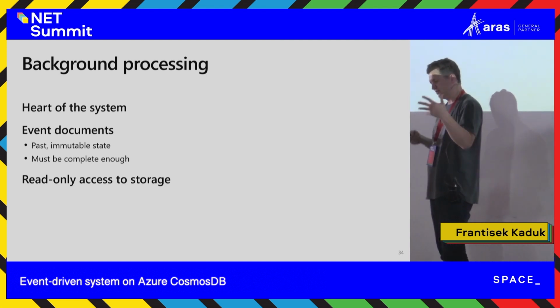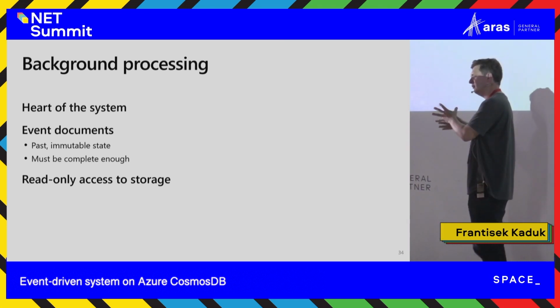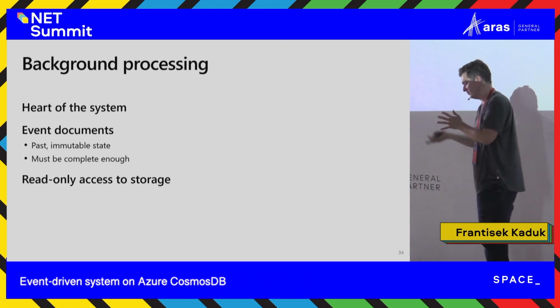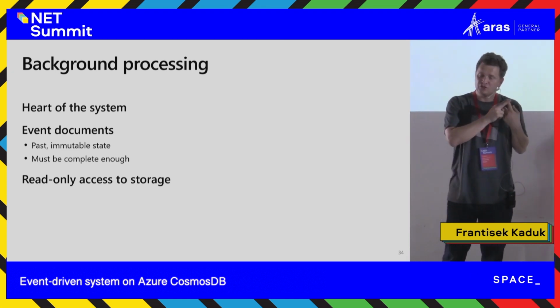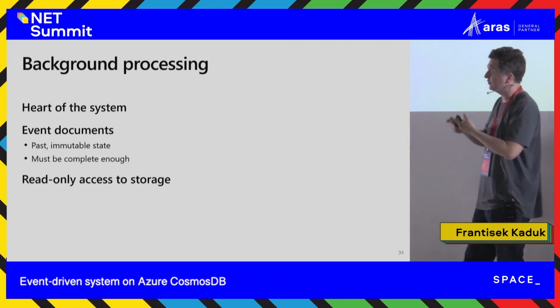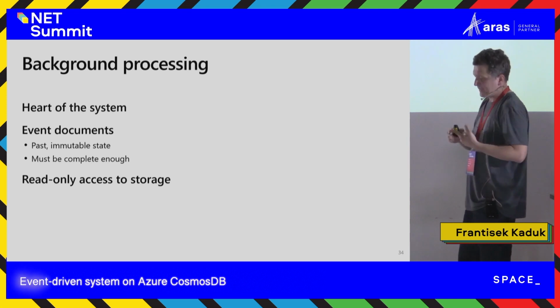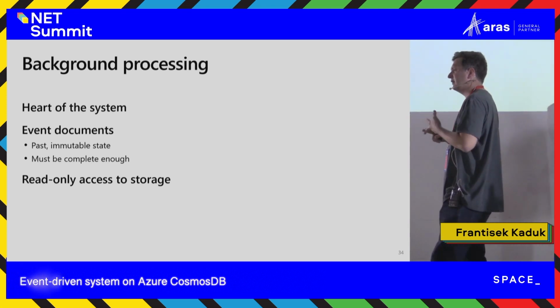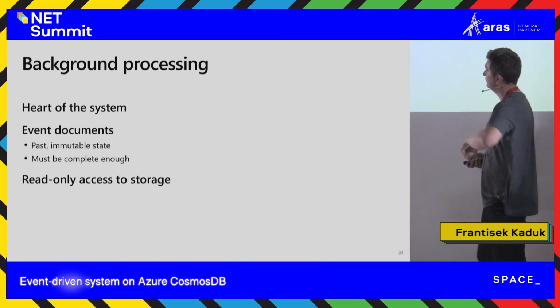The events have to be complete enough so that the consumers, the background parts, can work on their own. The change state pattern, or capture state pattern, helped us with this. And from the background part, we never go directly to the DB for writing. We only get the stream of events.